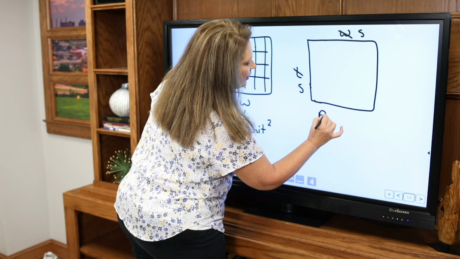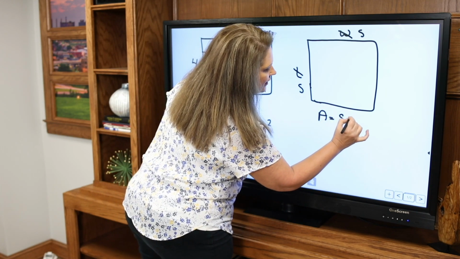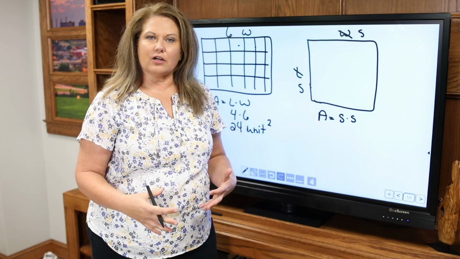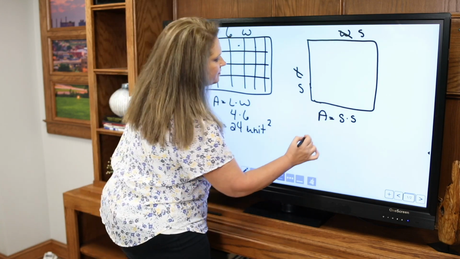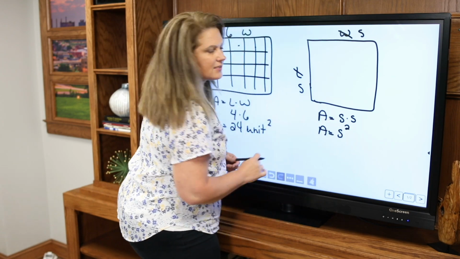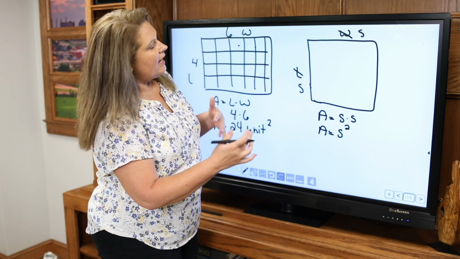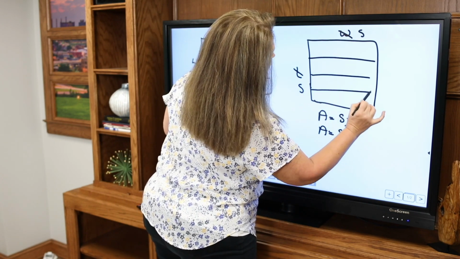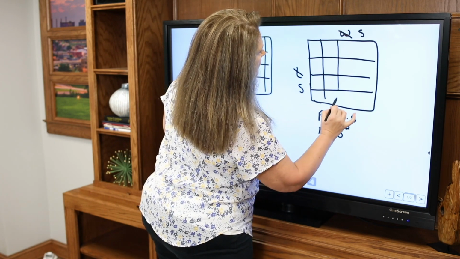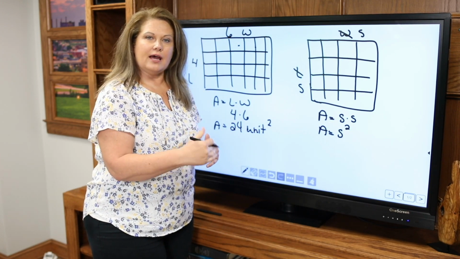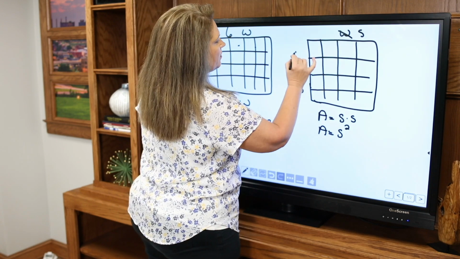So I can come down here and I can say area equals side times side. Well, I can shorten that even further by using a power, and I can say area equals side squared. Now, if I go ahead and start putting our rows and columns, we'll do 4 each way, and I substitute that letter S with our measurement 4.